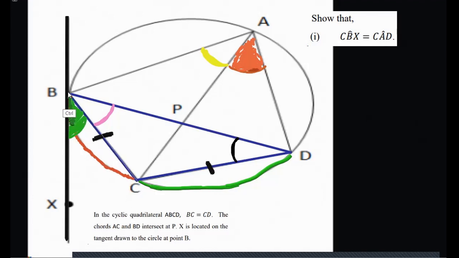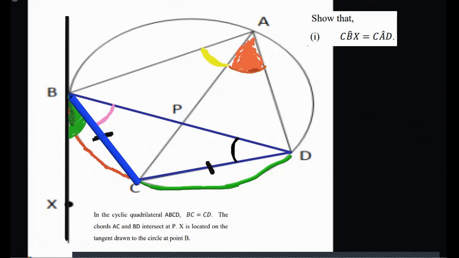Let me bold it. So to make this green color angle, what are the lines that I've got together? That is the black tangent and the blue color chord CB. So let me show you the blue color chord CB by darkening it.